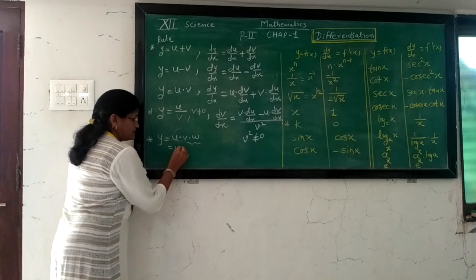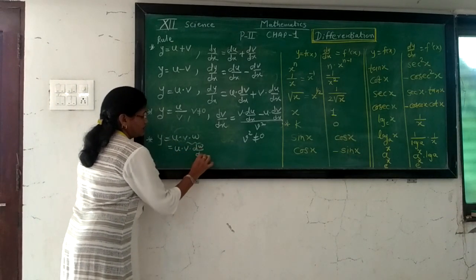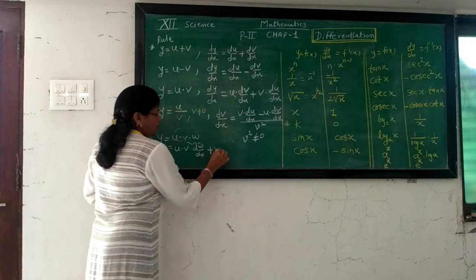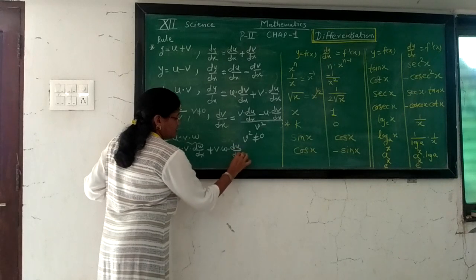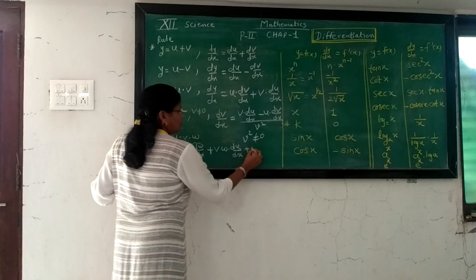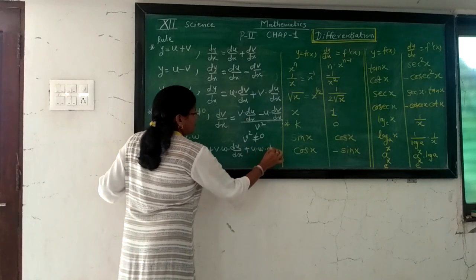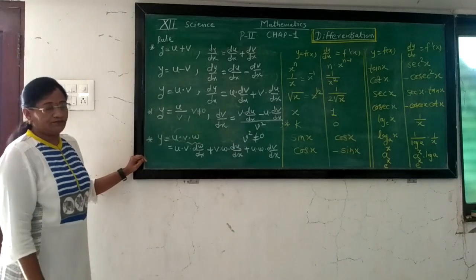So we can write this as u v multiplying derivative of w, plus v w multiplying derivative of the remaining function u, plus u w multiplying derivative of the middle function v.